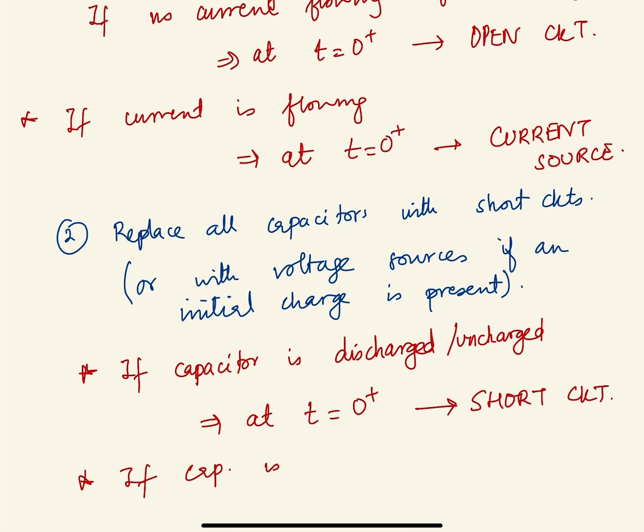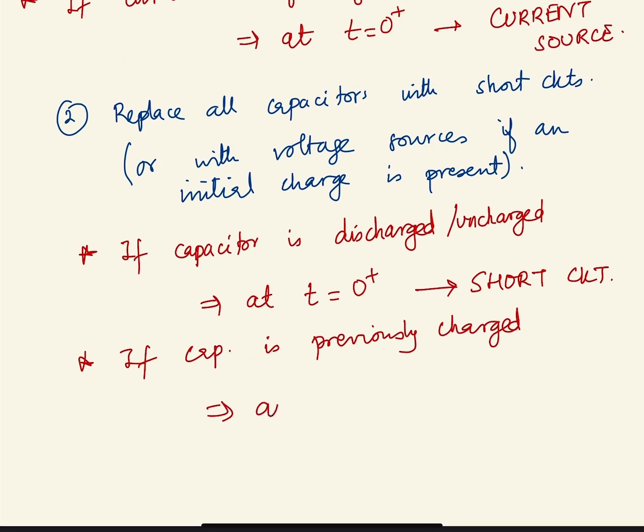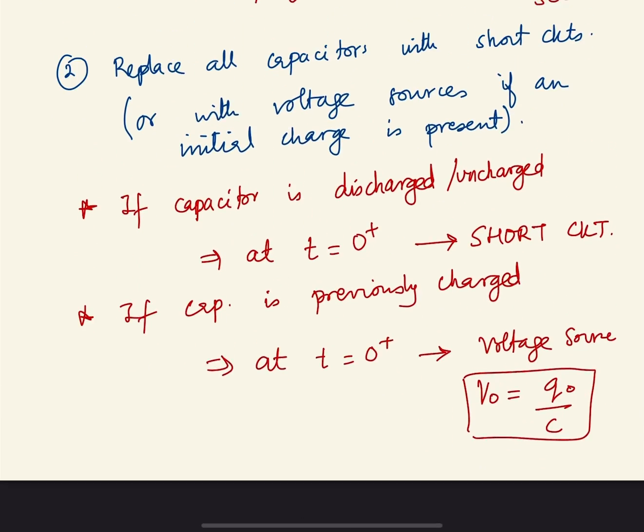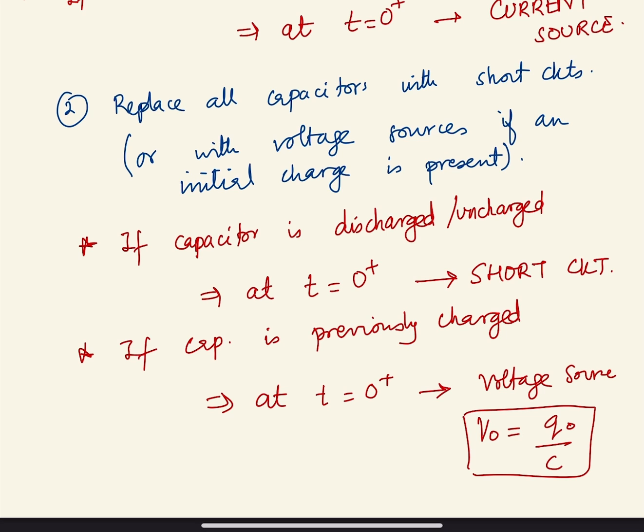If the capacitor is previously charged, then at t equal to 0 plus, we will replace it with a voltage source having a voltage V equal to Q naught divided by C, which was the charge on the capacitor before the switching, right? This is rule number two for the capacitor.